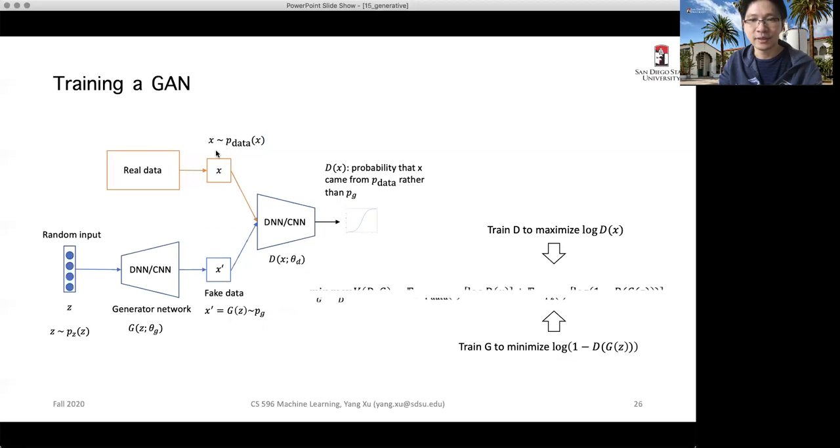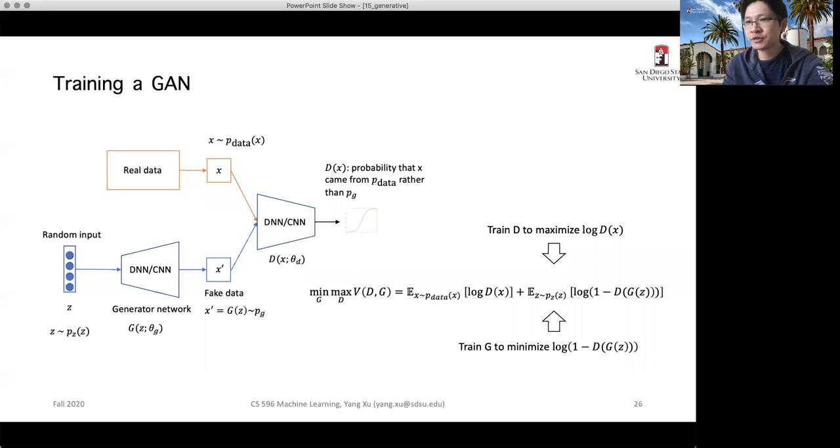Let's go to the next slide. Yeah, right, it's in this slide. So mathematically speaking, the whole training process is a minimax game. It's like a cat and mouse game. We want to grow the discriminator, but we also want to grow the generator, and the role of the generator is to fool the discriminator.